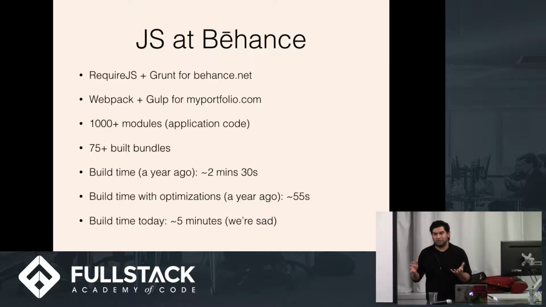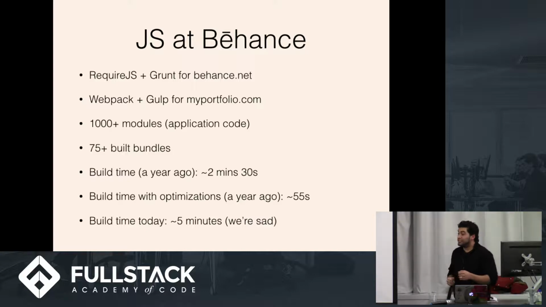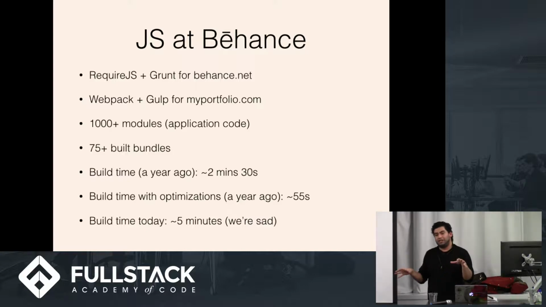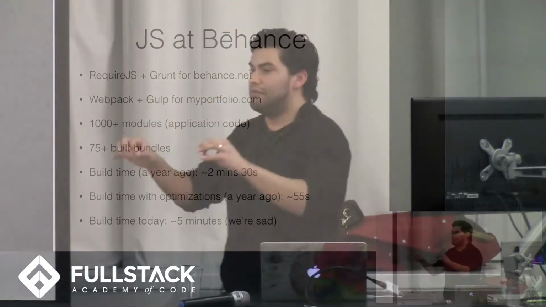And by module, I mean a JavaScript file that contains some bit of logic that represents a particular portion of a page, or let's say the entry point to an application. And those 1,000 plus modules end up getting assembled into 75 plus different bundles. And so there's a lot to talk about there.